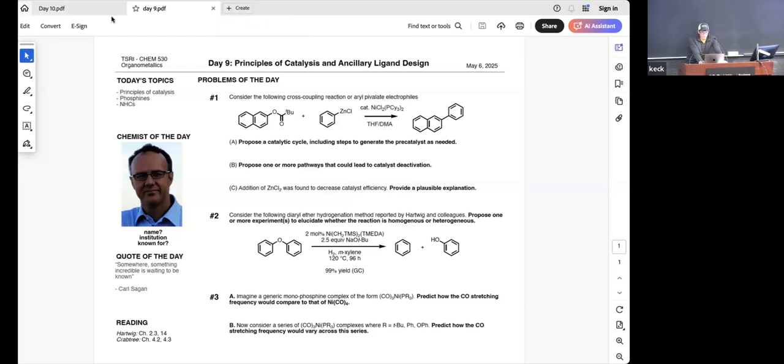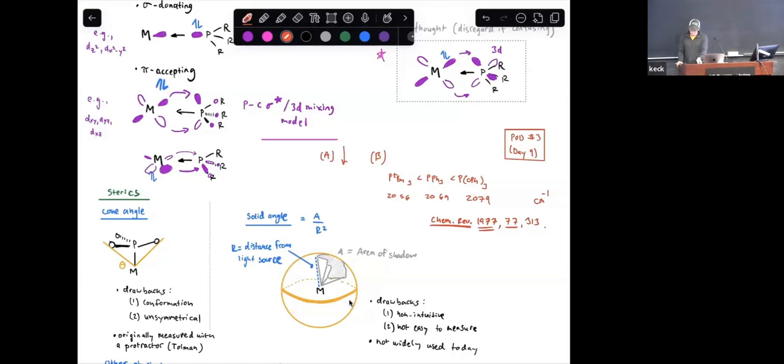And then what about the back bonding or lack of back bonding? I guess you'd have more back bonding with the phosphite, since it's more electron withdrawing. They're better pi acceptors.